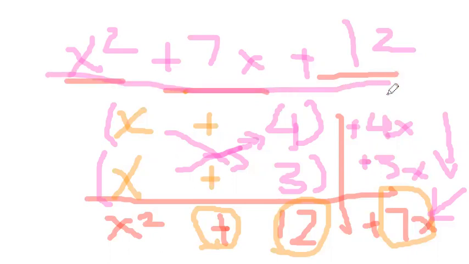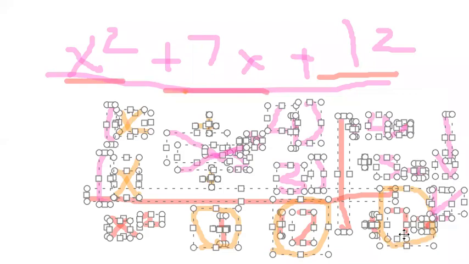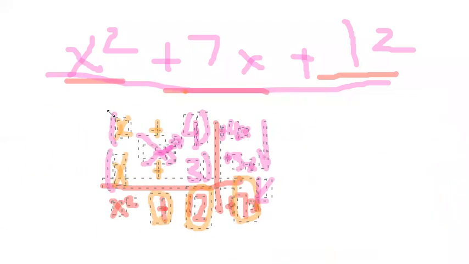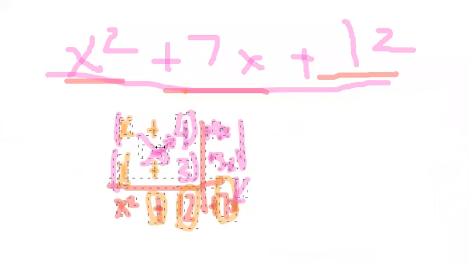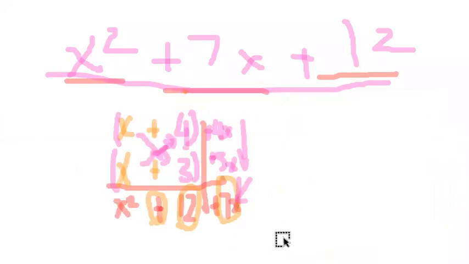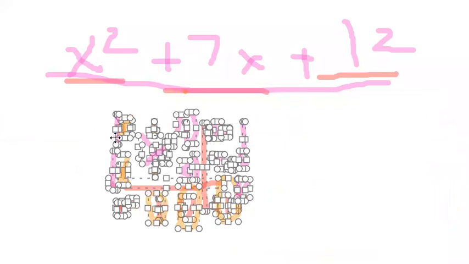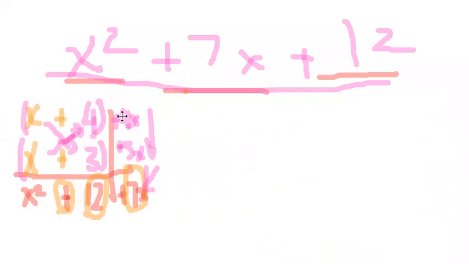x squared plus 7x plus 12. And we can check it back. So what answer did we get? We got x plus 4 and x plus 3.